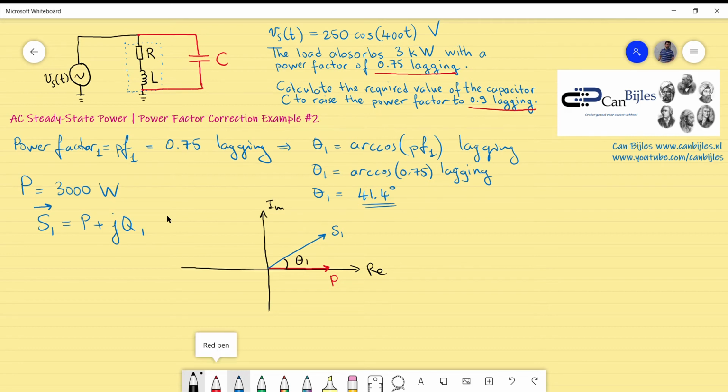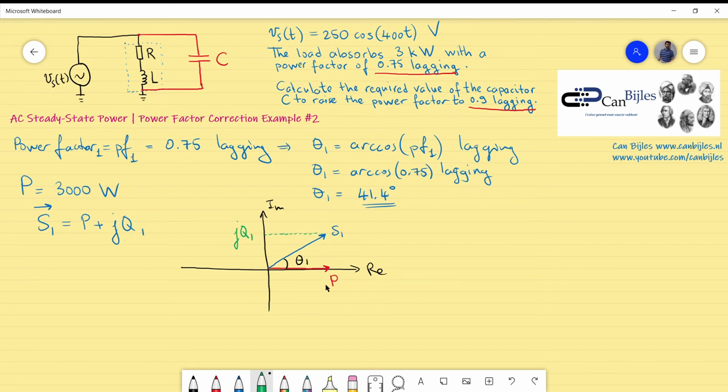This brings us pictorially to the value of Q1, which is this. As you can see, the vectorial sum of P and Q1 makes S1.